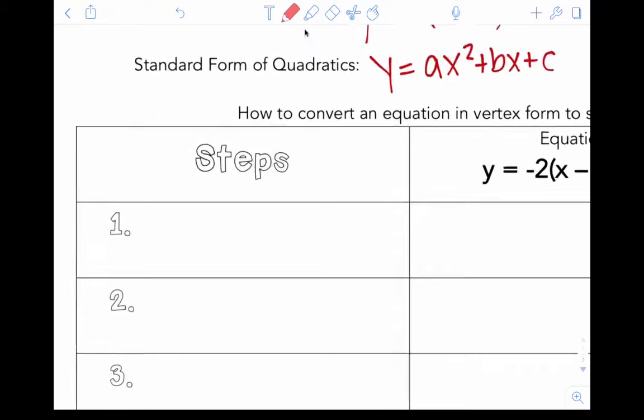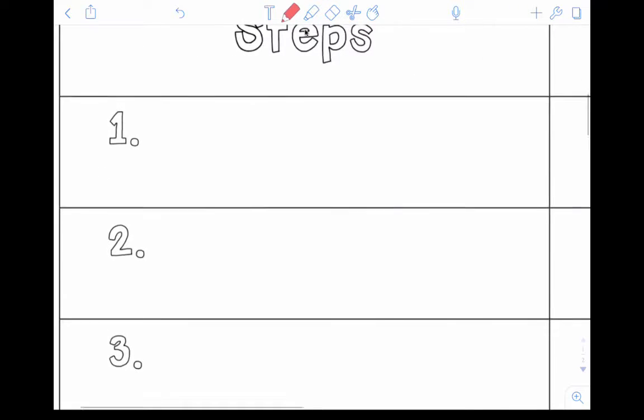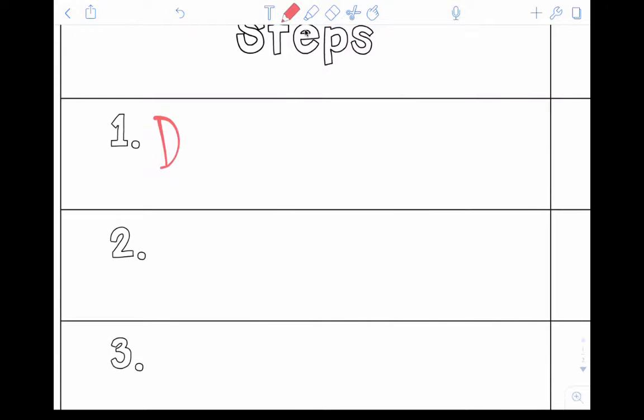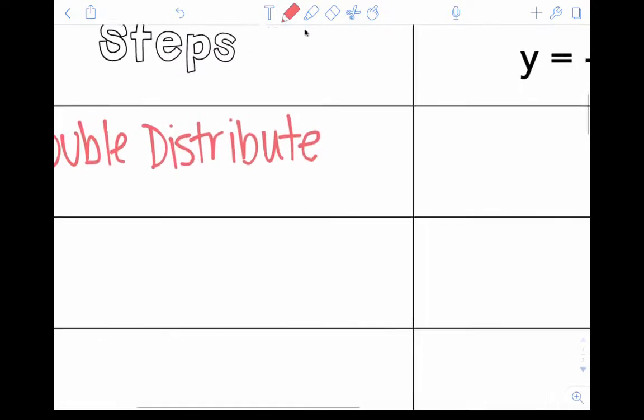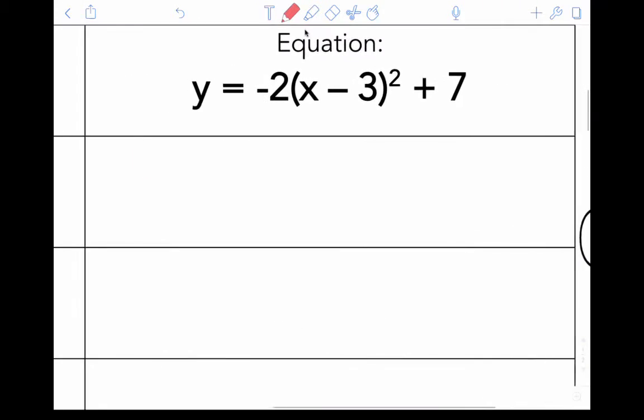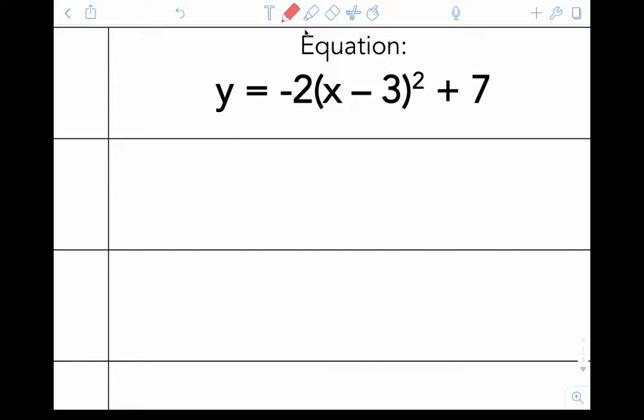Step number 1 is to double distribute. If I look at the equation and think through how I am going to multiply this out and simplify it, I need to follow order of operations.